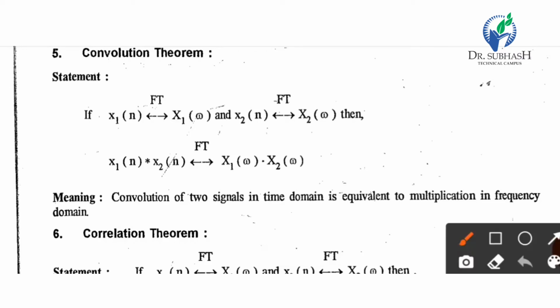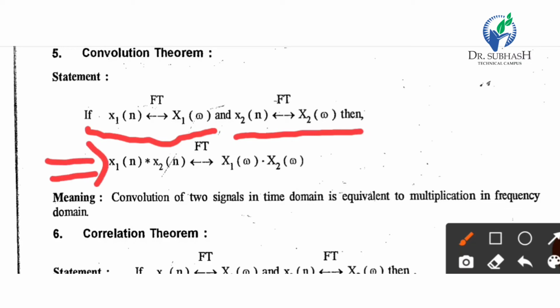The convolution theorem statement: if x1 of n has Fourier transform x1 of omega and x2 of n has Fourier transform x2 of omega, then x1 of n convolution x2 of n has Fourier transform x1 of omega multiplied with x2 of omega.